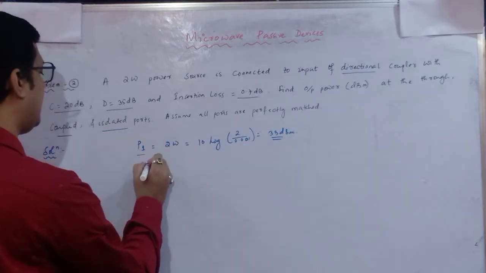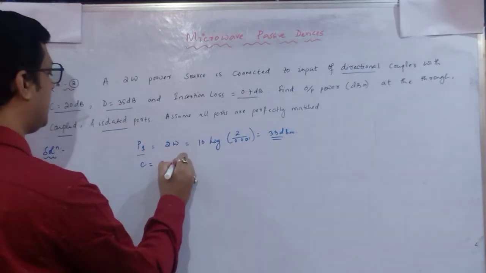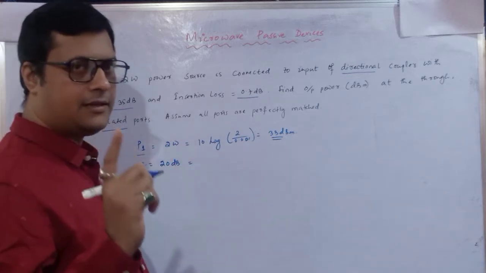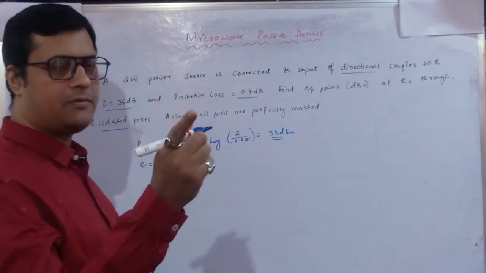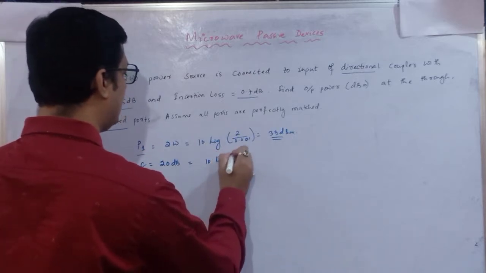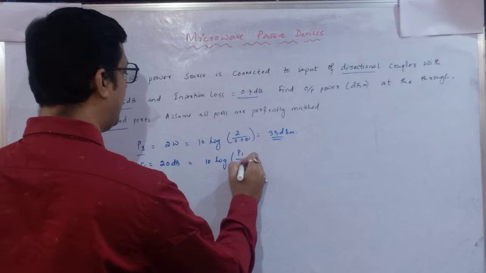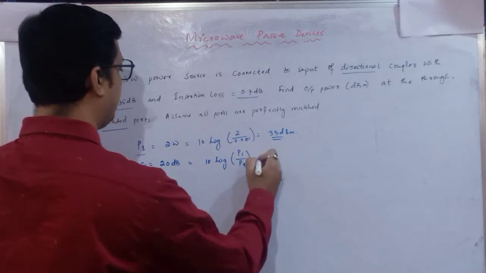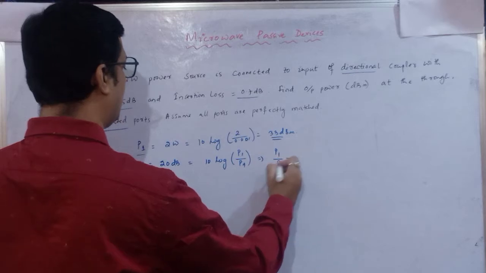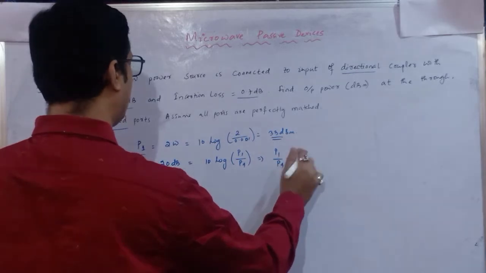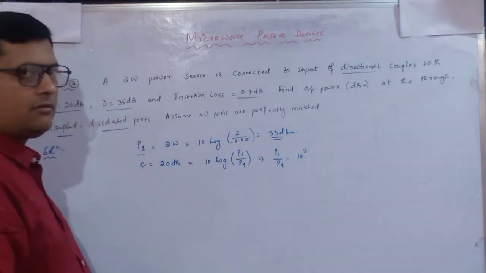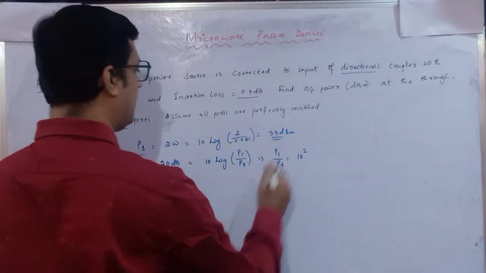So what are the given data? Coupling factor is 20 dB. If it is coupling, it is related with respect to port 1 and port 4. So here I will write 10 log P1 divided by P4, which gives P1 by P4 equals 10 to the power 2, because this 10 will come here and it will become 2.